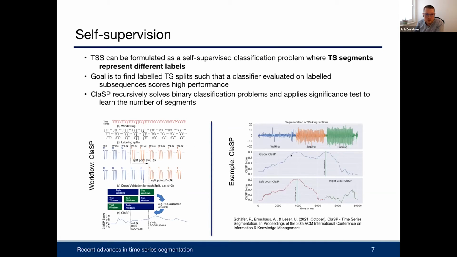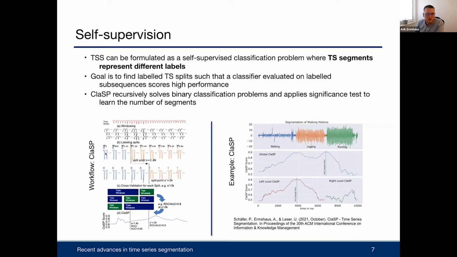In order to find such a label configuration, you can do it in the following way. I show it here in the workflow. The first step is to apply windowing to a time series, and then label different splits of the time series.